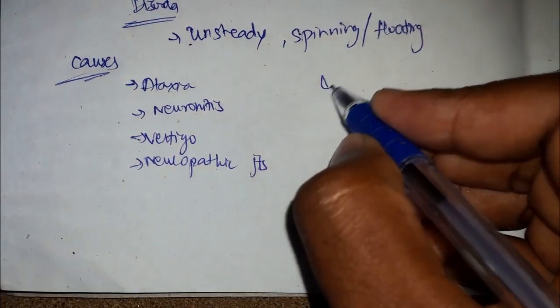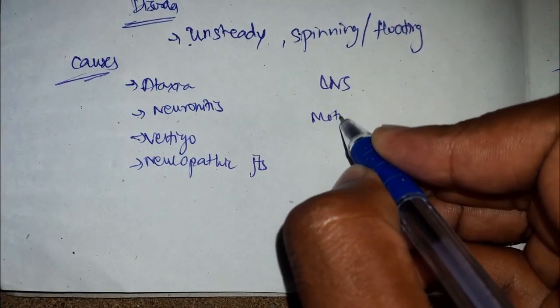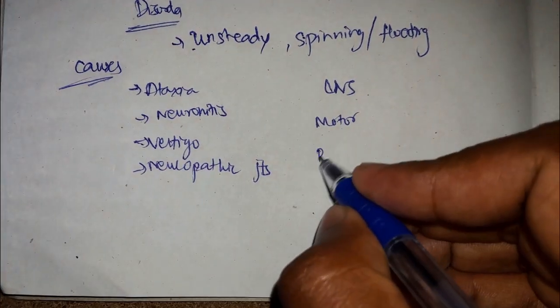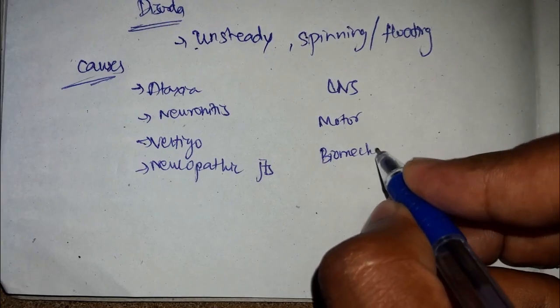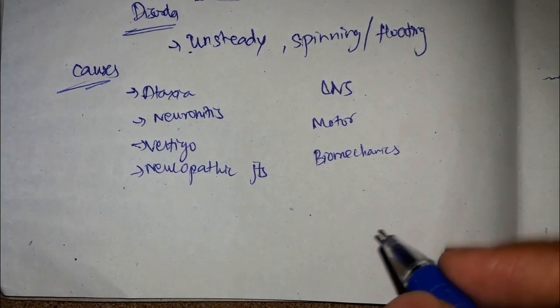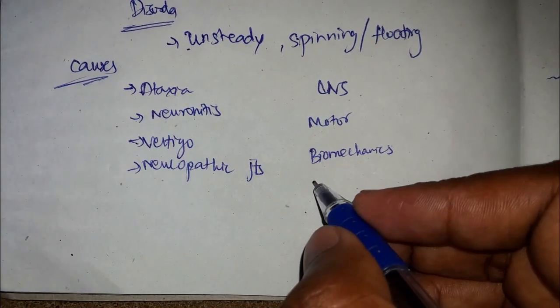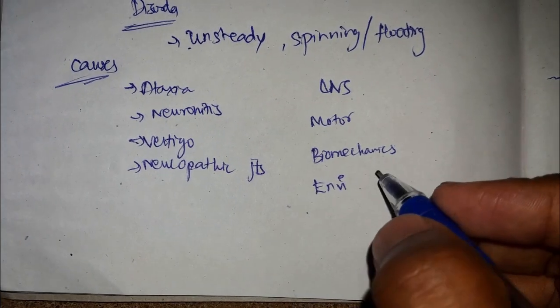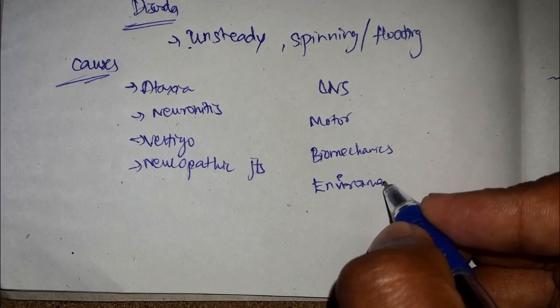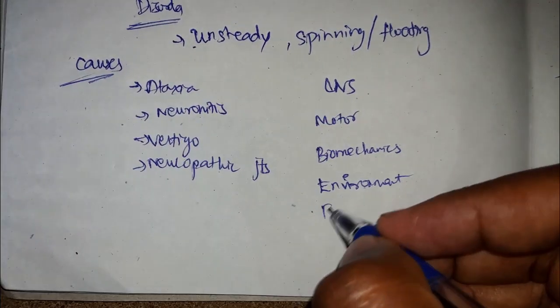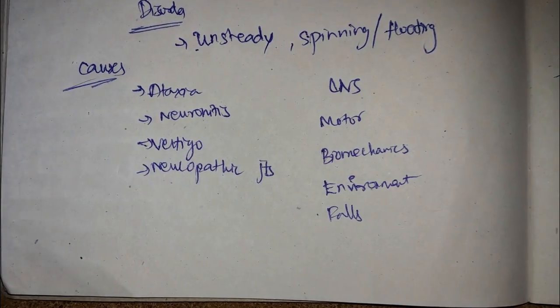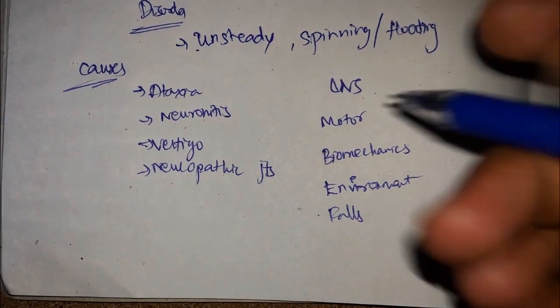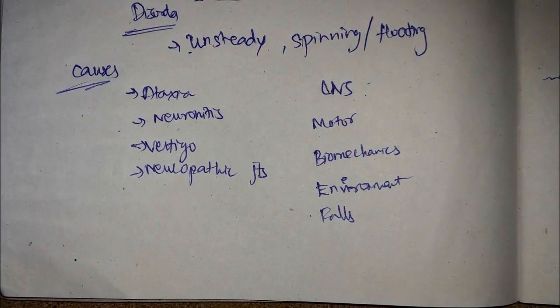Then some CNS disorders, some motor disorders, some biomechanical problems like weakness and limitation of range of motion, and environmental factors like furniture, workplace, falls. So these causes are there, and these disorders may also lead to balance issues.